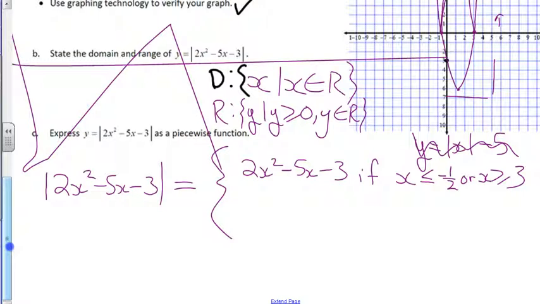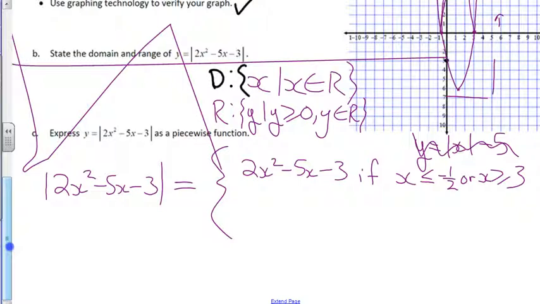So these values here were always positive. This was the original function. If they were positive to begin with, we're going to leave them alone. Originally, 2x squared minus 5x minus 3 is positive when x is less than or equal to negative 1/2, or when x is greater than or equal to 3, right? That's the original. We did this last unit, right?